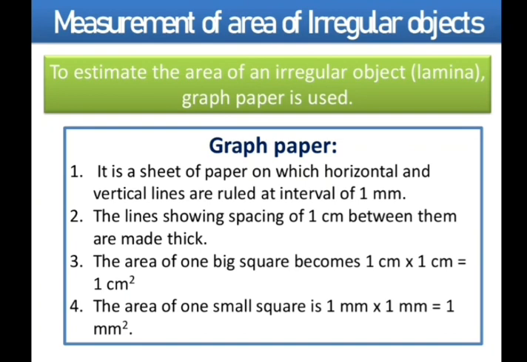Fine. Now moving to our next measurement, that is measurement of area of an irregular object. To measure the area of an irregular object, we need a graph paper. What is graph paper? It is the paper on which horizontal and vertical lines are ruled at a constant interval of 1 mm. See here shown in the figure. This is a graph paper.